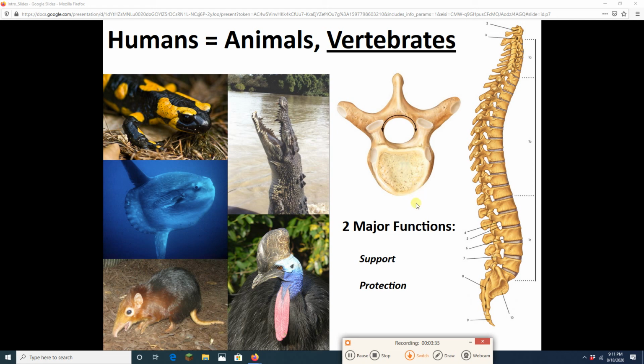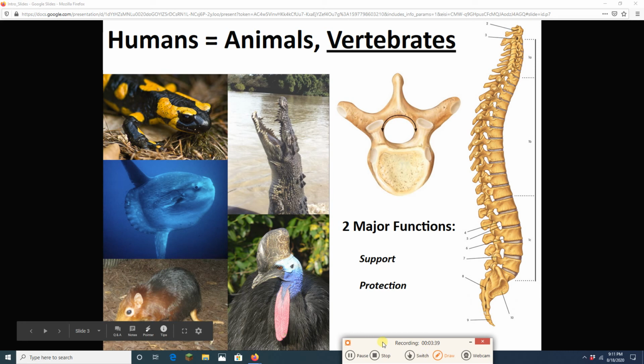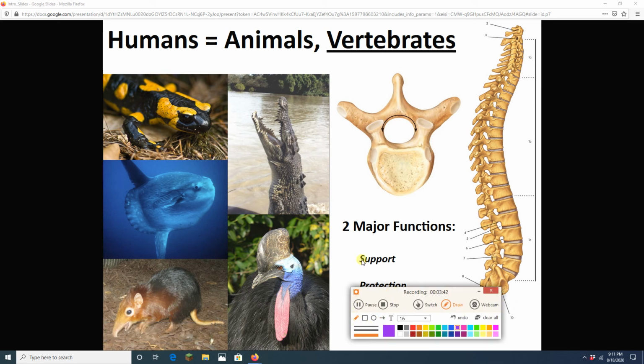If you are an adult human who is done with all their growing and fusing, you have basically 26 bones in your vertebral column. Hey, by the way, I'm going to let you in on a little secret here. Later on in this semester, we are going to learn the names of everything on this vertebral column, this vertebra here.